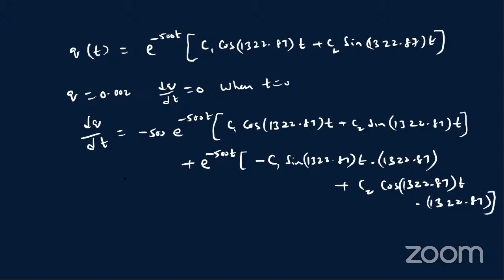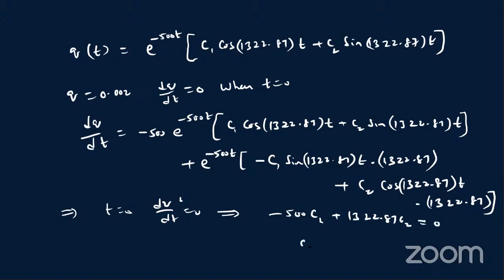Now in this, we know that dq by dt equals 0 when t equals 0. Both conditions we need to consider. When t equals 0, q equals 0.002, as well as when t equals 0, the derivative dq by dt is also equal to 0. So using these two conditions, when t equals 0, dq by dt equal to 0, that means I am writing minus 500 C1 plus 1322.87 C2 equal to 0.